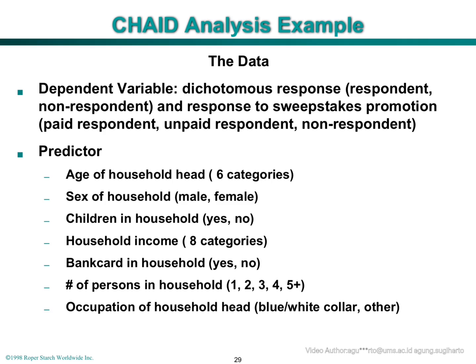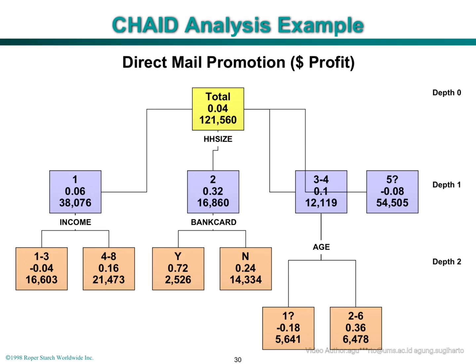There are 8 categories for household income. Bank card, they have or not, and persons in household, 1, 2, 3, 4, or more than 5. Occupation of household head: blue collar, white collar, and other. Okay, that is the CHAID analysis example.